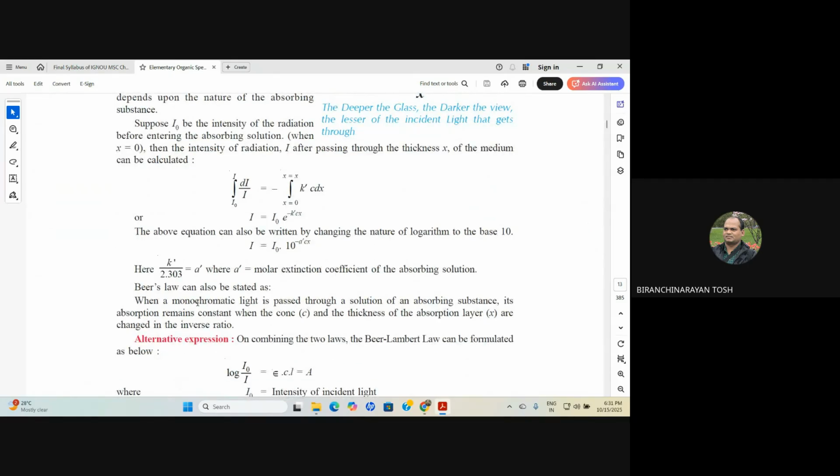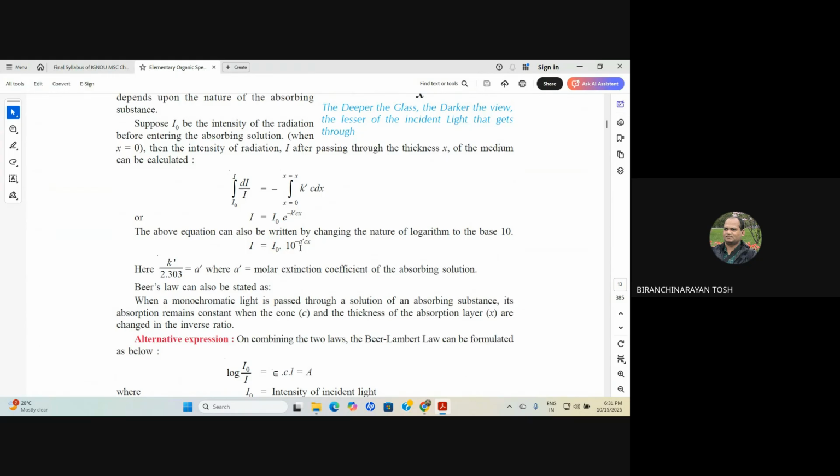So you can see then we can state Beer's law again: when a monochromatic light is passed through a solution of an absorbing substance, its absorption remains constant when concentration and thickness of the absorbing layer are changed in the inverse ratio.